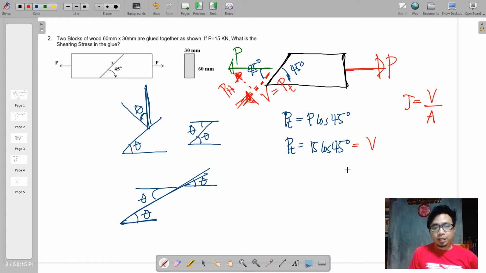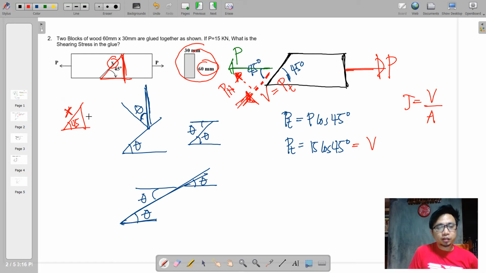However, we need to get the value of X here, because we cannot really use this one as the area of shear. So this is the cross-sectional area. However, a diagonal cut will have a longer length here compared to the 60 millimeter here. So therefore, let us utilize this right triangle here. Say this is X, this is 45, and we need to get the value of X using the given.